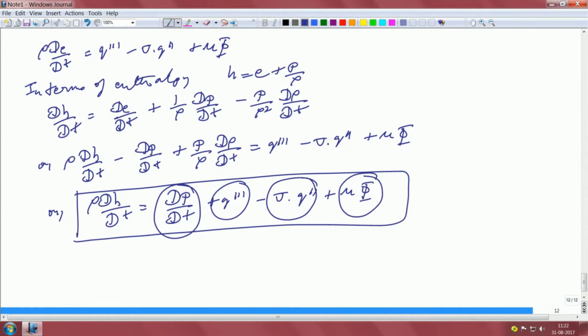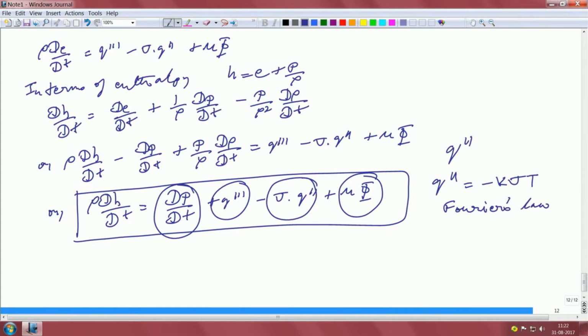Now, to get rid of this q double prime, there is a ready-made avenue in the conduction literature. It is called Fourier's law. What it gives is that q double prime is minus k times the gradient of temperature. So, this, in other words, is known as Fourier's law.